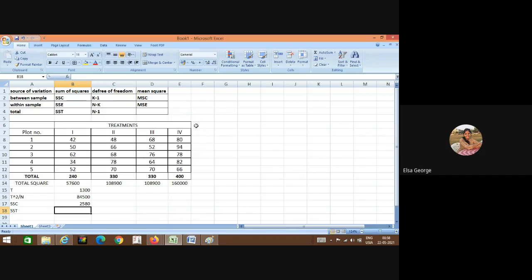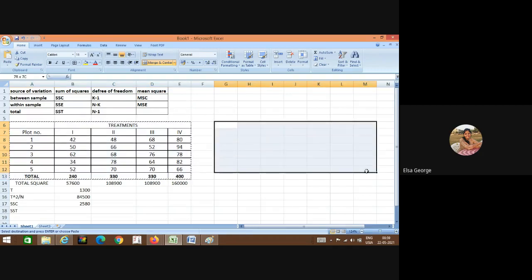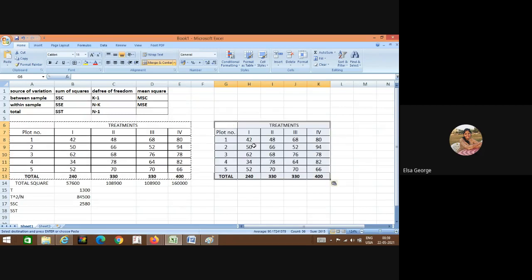I think I'll prepare one more table wherein I'll square each value. When you're doing this, you need not do it like this, but it's for my ease.